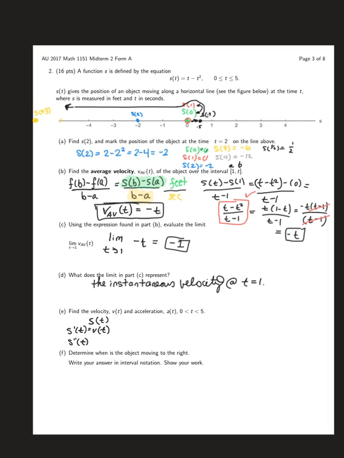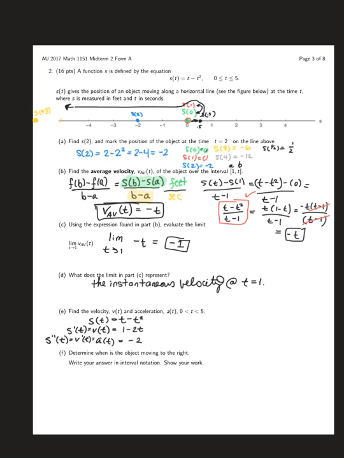The first derivative of position is velocity, and the second derivative of position, which is the first derivative of velocity, I should say, s double prime of t, v prime of t, is equal to a of t. So if the position function is t minus t squared, then velocity is going to be 1 minus 2t, and acceleration will just be negative 2.